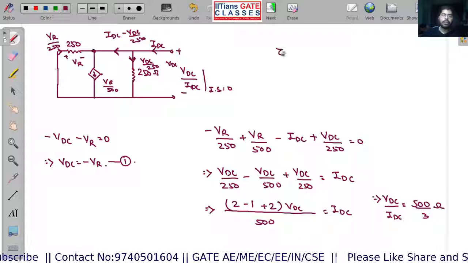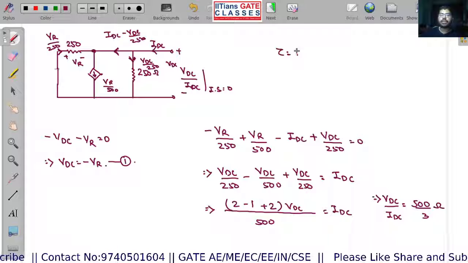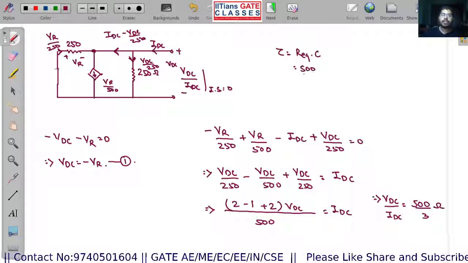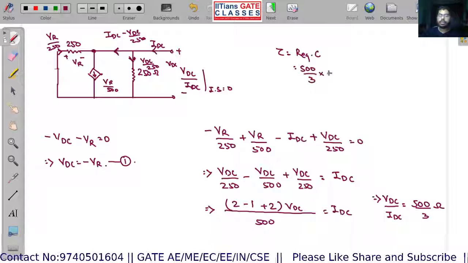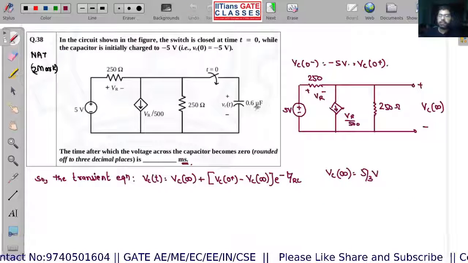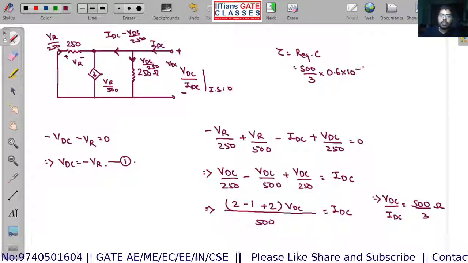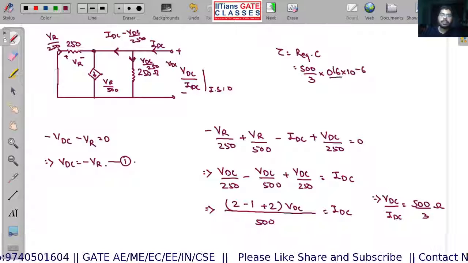Now I need to calculate the time constant. So time constant is what? R equivalent into C. So R equivalent is 500 by 3 ohm, into C, which is 0.6 microfarad, so 0.6 into 10 to the power minus 6.